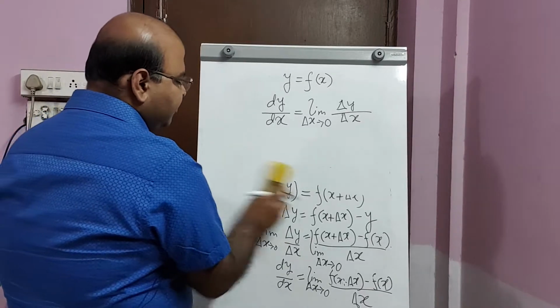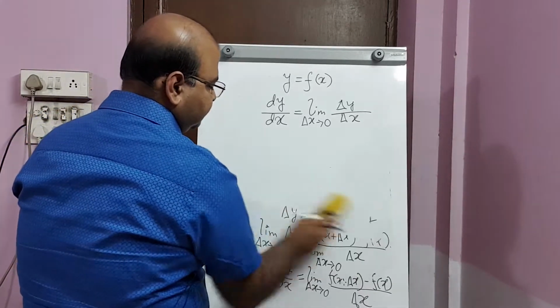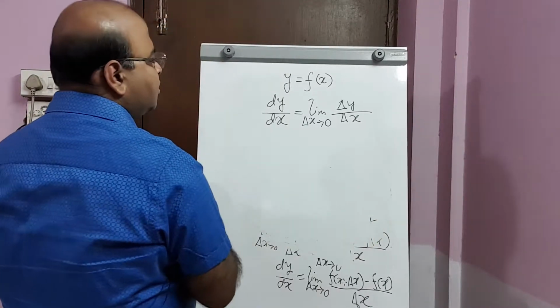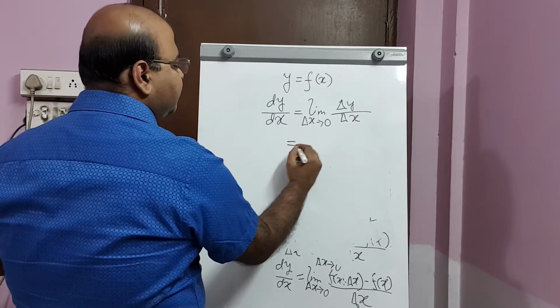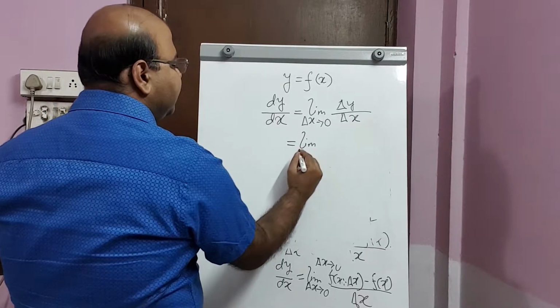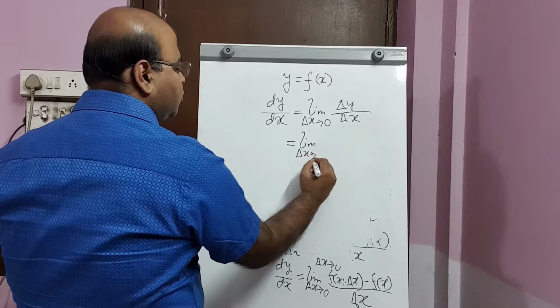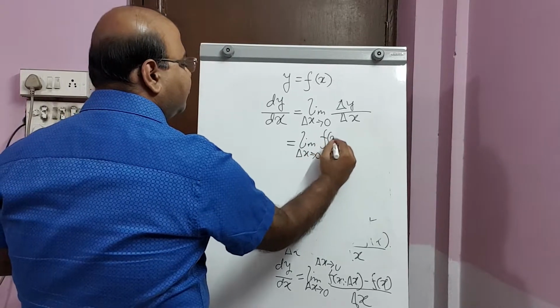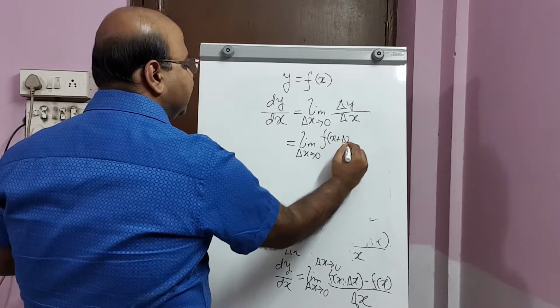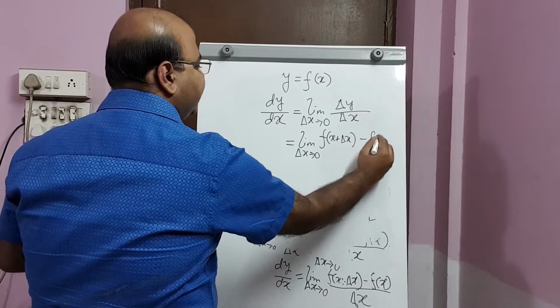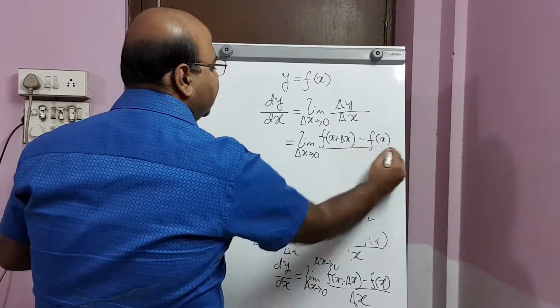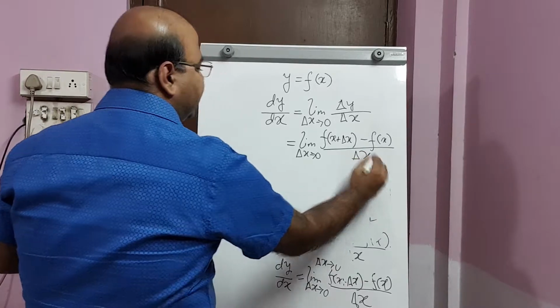which is also given by, this limit is also given by limit delta x tends to 0, f of x plus delta x minus f(x) divided by delta x.